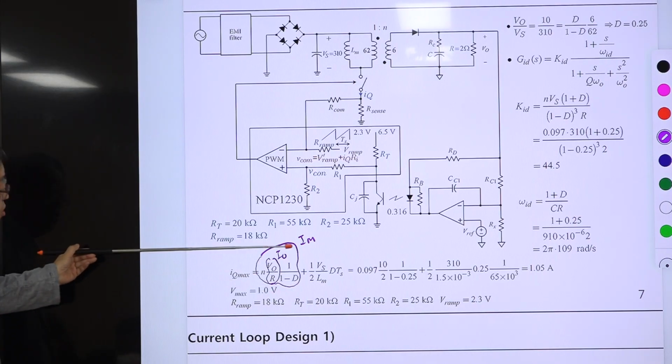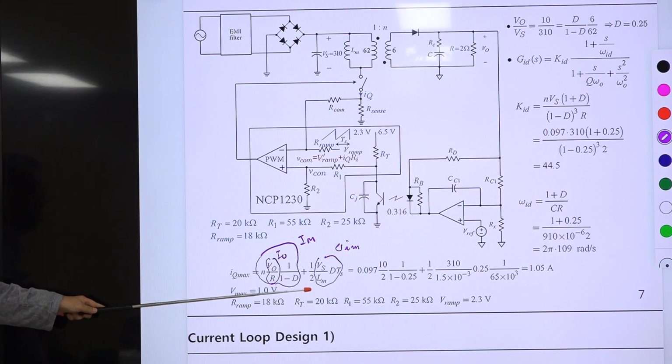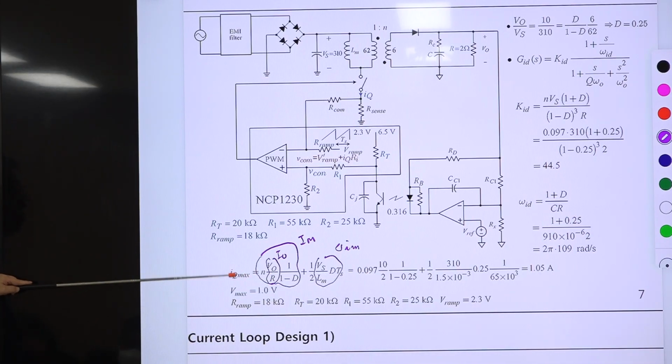This entire thing is the average value of magnetizing current, and this is the delta IM, the variation, the excursion of IM, and this plus half of this is the peak value of IQ, the switch current. So you evaluate this.